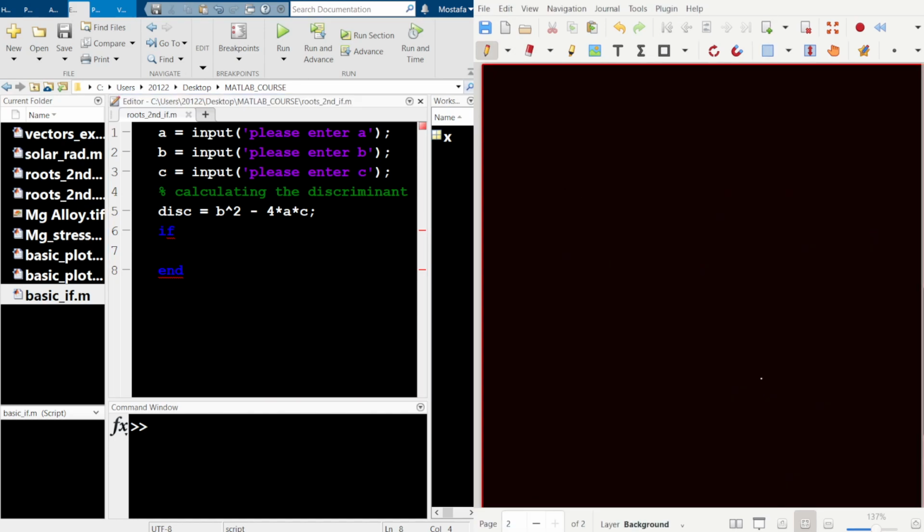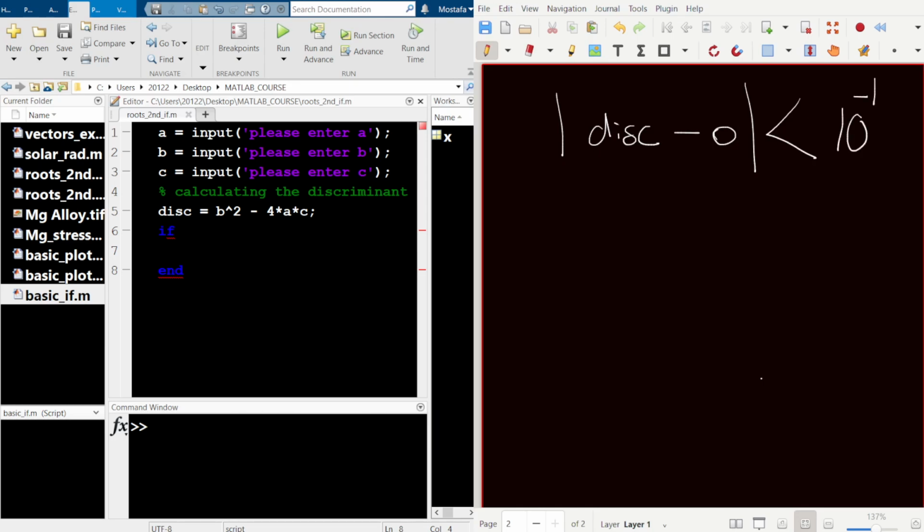To check the equality of b squared minus 4ac equals 0, which we decided to call the discriminant, we need to show that the absolute value of the discriminant minus 0, and again absolute value because we need the difference, we don't care about the sign, is less than some small number. If you review our previous video on checking the equality of real numbers, we recommend this to be 10 raised to the power negative 14.